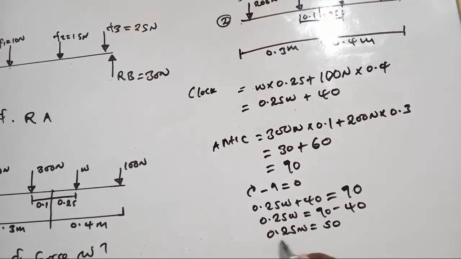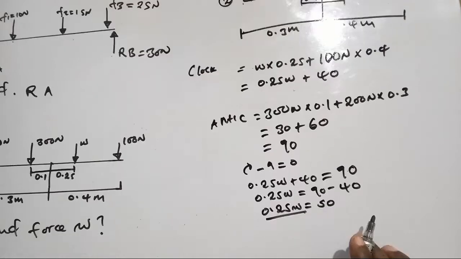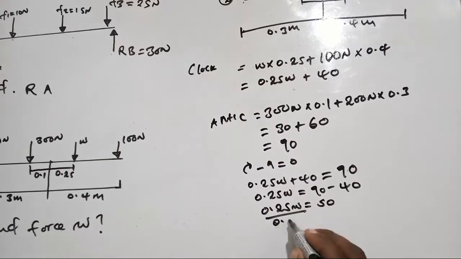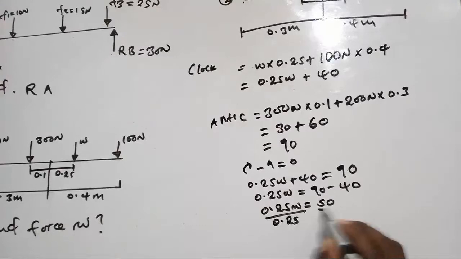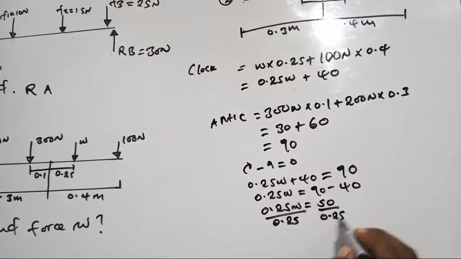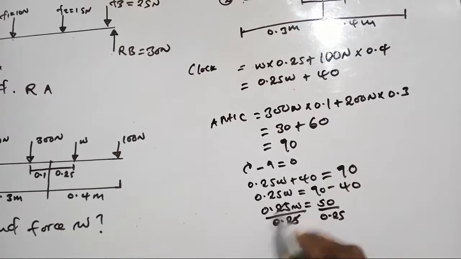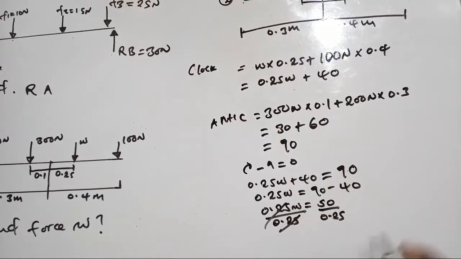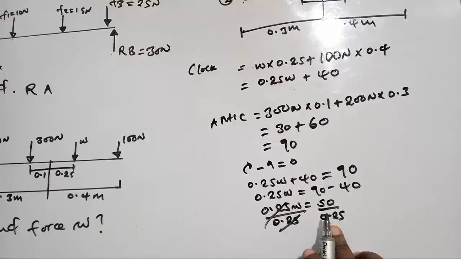Then here you divide by 0.25, because we are looking for W. If you want it to be easy, you can take this into a fraction, which is 25 over 100, and that is 1 over 4.